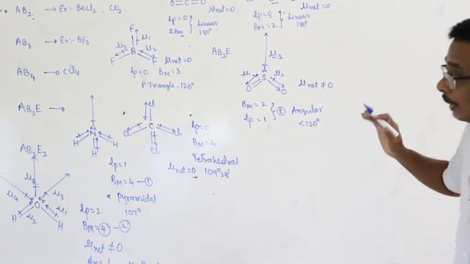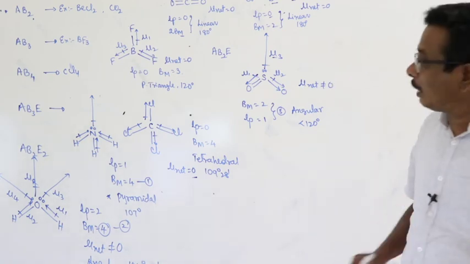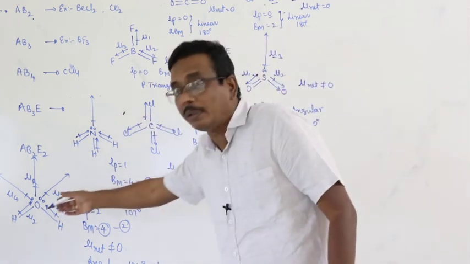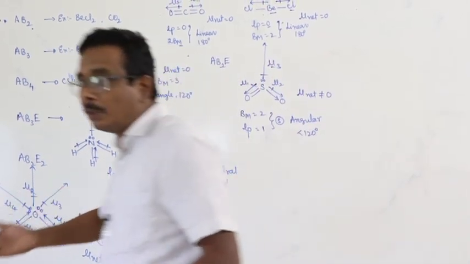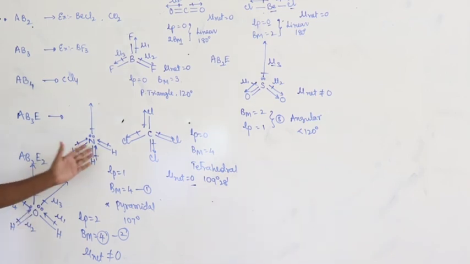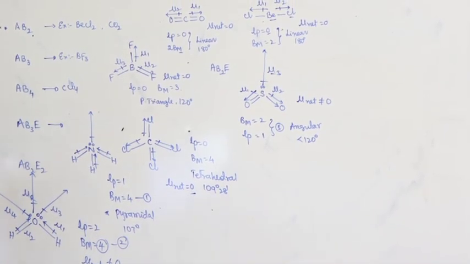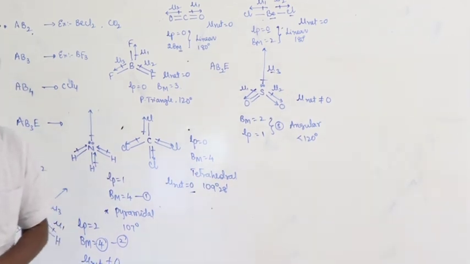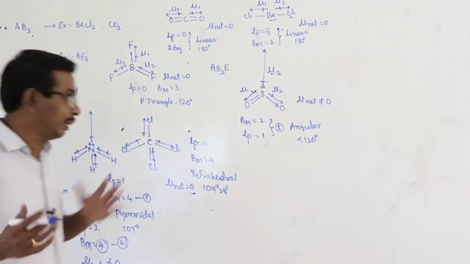Means what? Here dipole moment is directly proportional to number of lone pairs. Dipole moment is directly proportional to polarity of the molecule. Dipole moment is directly proportional to electronegativity difference between the two bonded atoms. If the electronegativity difference between the two bonded atoms is greater, automatically dipole moment is also greater.